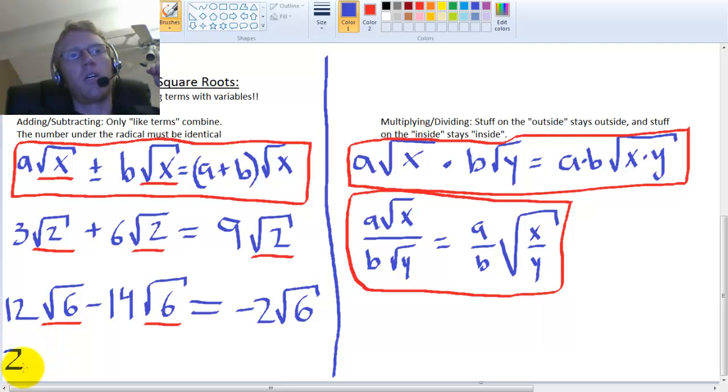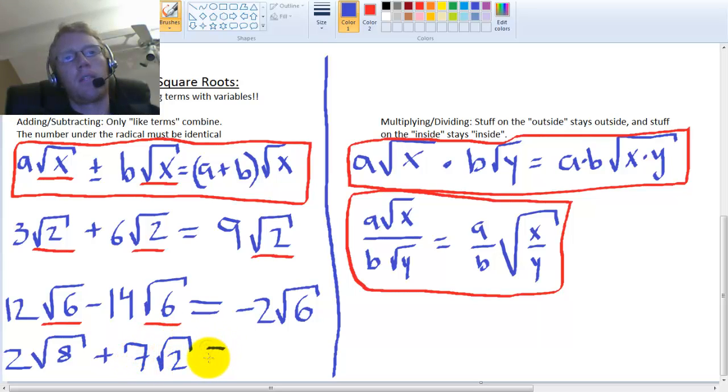Suppose I have 2 root 8 plus 7 root 2. Okay. At first, you'll look at this and you'll say, ah, Morgan, root 8 and root 2, those are different, so I can't combine them.